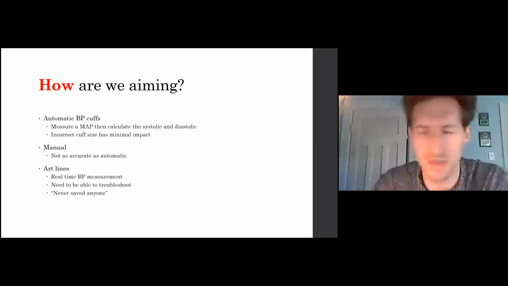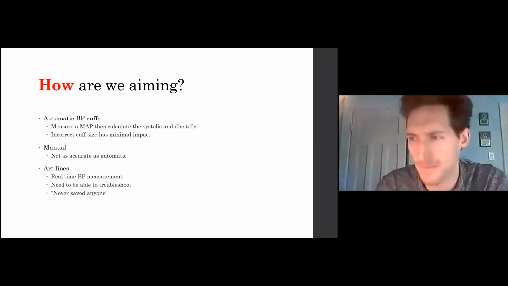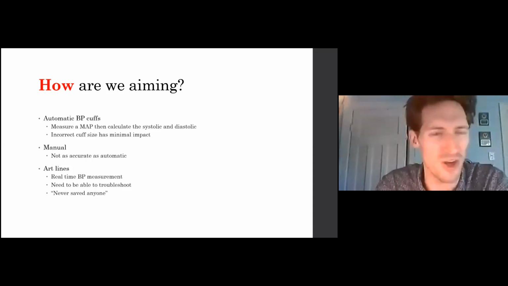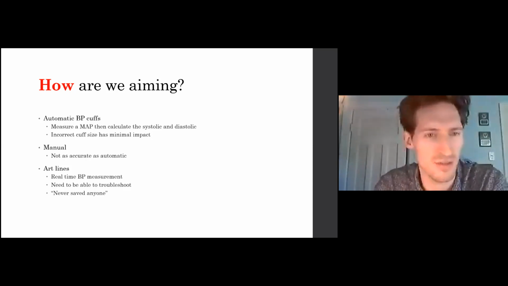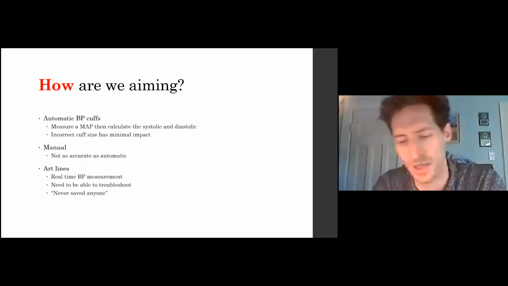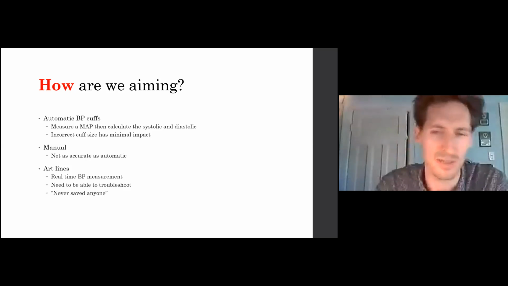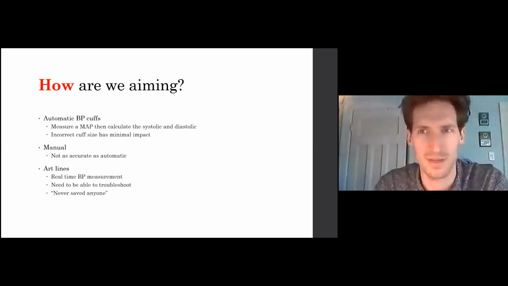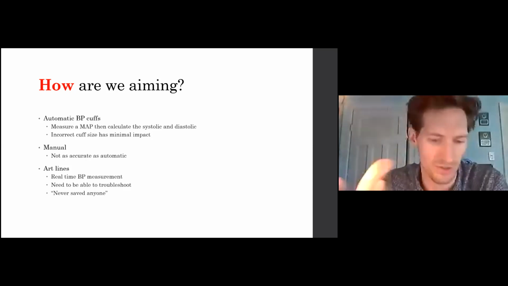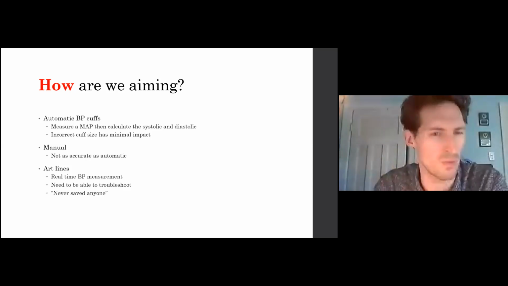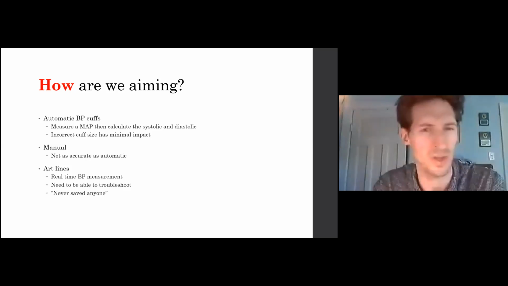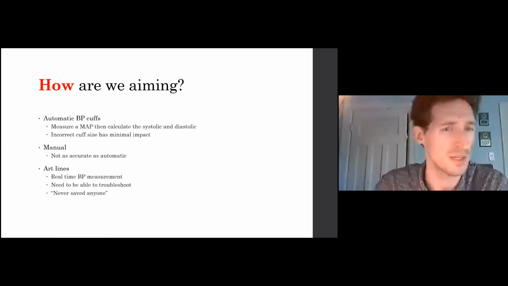And especially you'll see later that the targets the guidelines mention are not that evidence-based. A lot of these targets are basically expert opinions. So it's kind of like a circular argument: why try to get an absolutely precise measurement when the targets that are asked are kind of fuzzy, right?